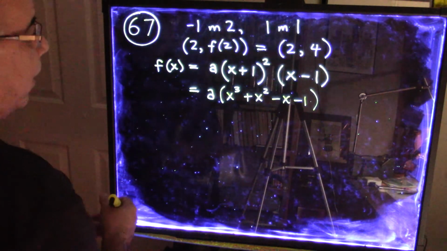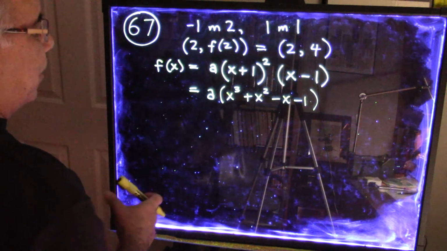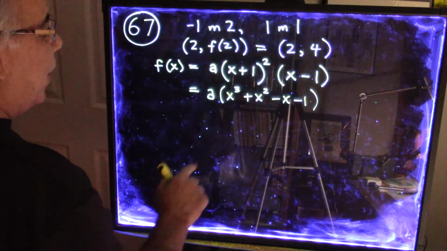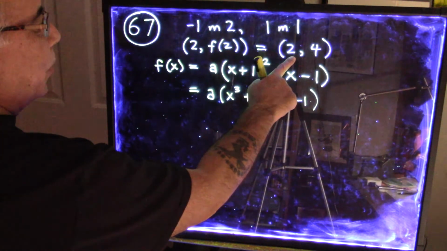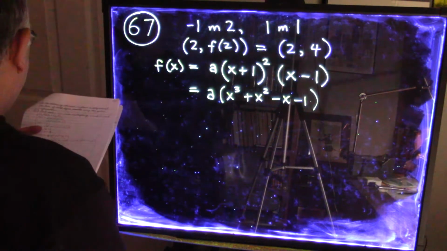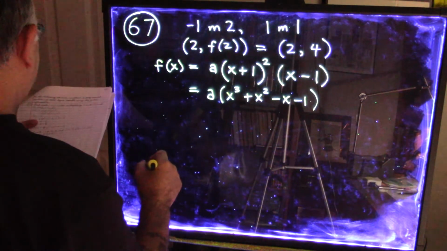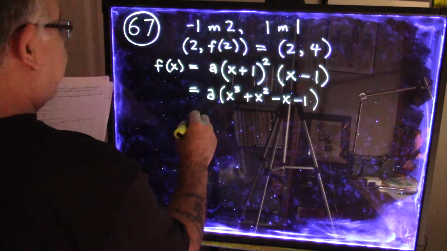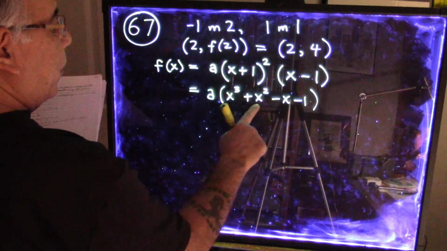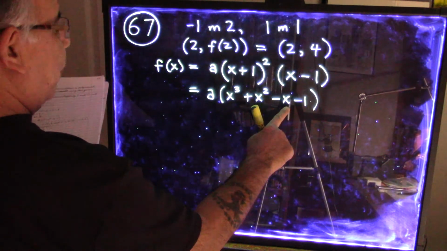All right. Well, how do we get the rest of this? It's not quite done. Use this fact. When x equals 2, y equals 4. All right. So f of 2 equals 4, in other words. So that means plug in 2 for x's here, here, and here, those three places. Set that equal to 4. All right.